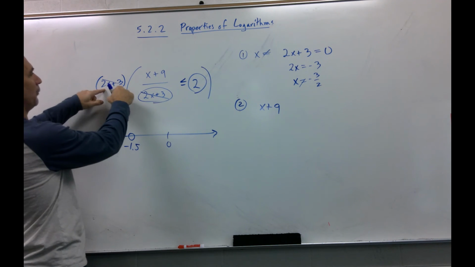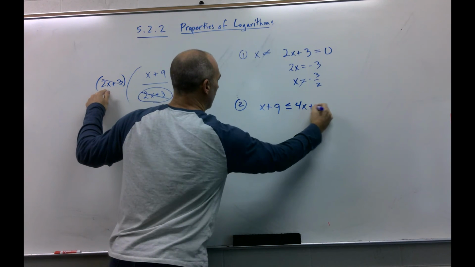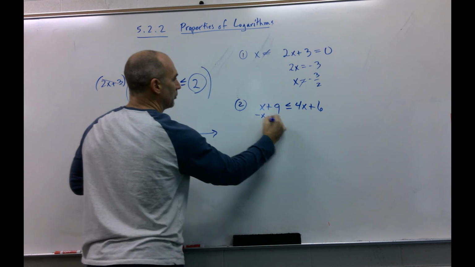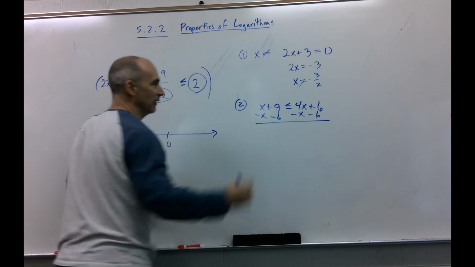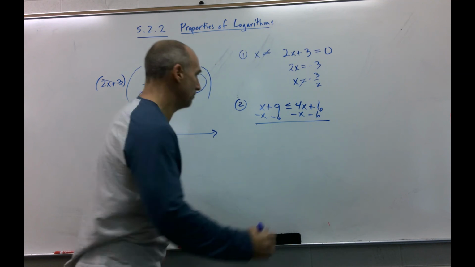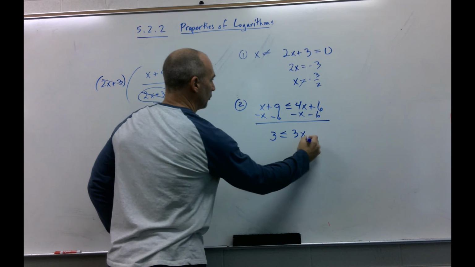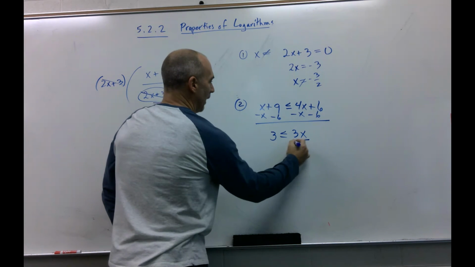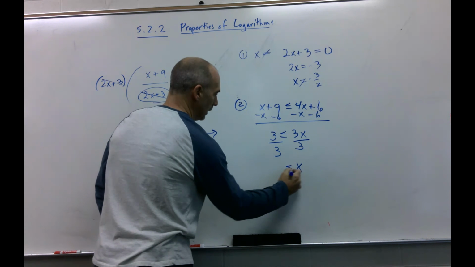So I get 4x plus 6, less than or equal to 4x plus 6. I'm going to subtract x, subtract 6, subtract 6. By the way, if you multiply an inequality by a negative, flip the inequality. I hope you remember that. So I get 3, and then I get 3x is greater than that. So divide by 3, I get x greater than or equal to 1.